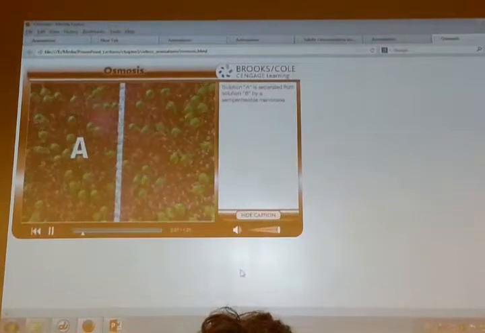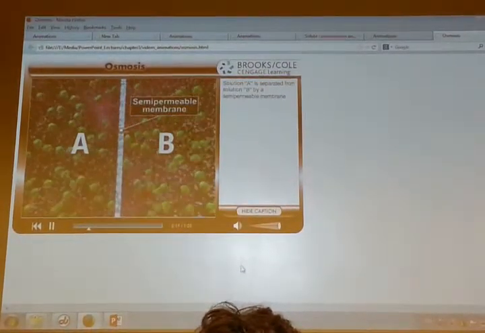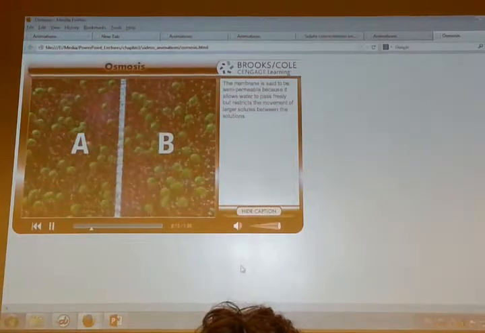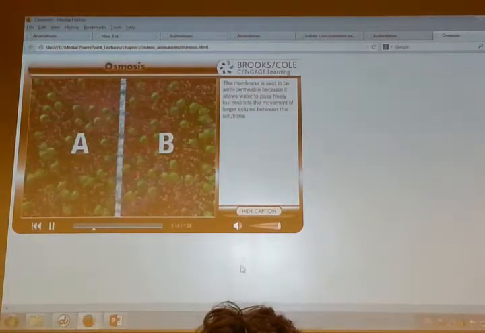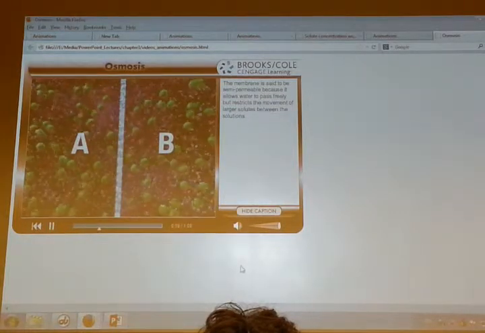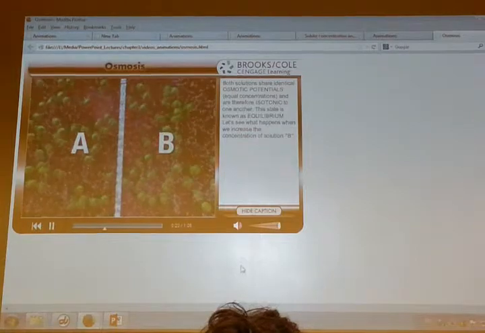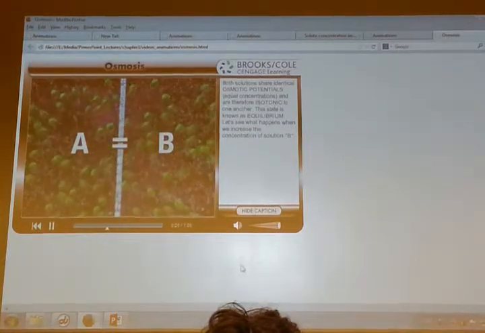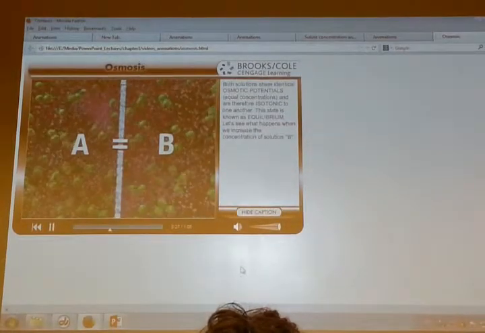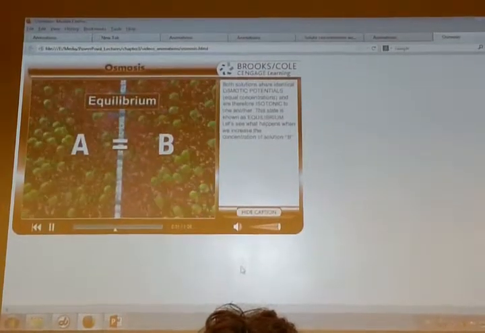Solution A is separated from solution B by a semi-permeable membrane. The membrane is said to be semi-permeable because it allows water to pass freely, but restricts the movement of larger solutes between the solutions. Both solutions share identical osmotic potentials, equal concentrations, and are therefore isotonic to one another. This state is known as equilibrium.